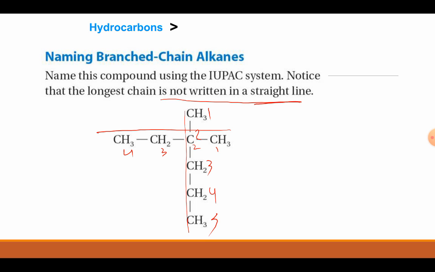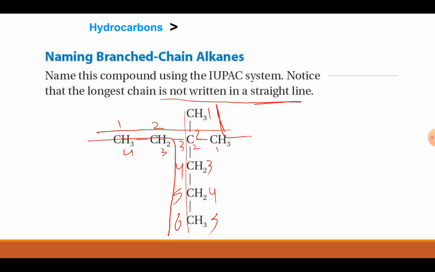So we have 4 here and 5 here. Let's count in that way. One, of course, it's very small. This one is very small. 1, 2, 3. Let's count the other side. 1, 2, 3, 4, 5, 6. So this one is the longest chain.